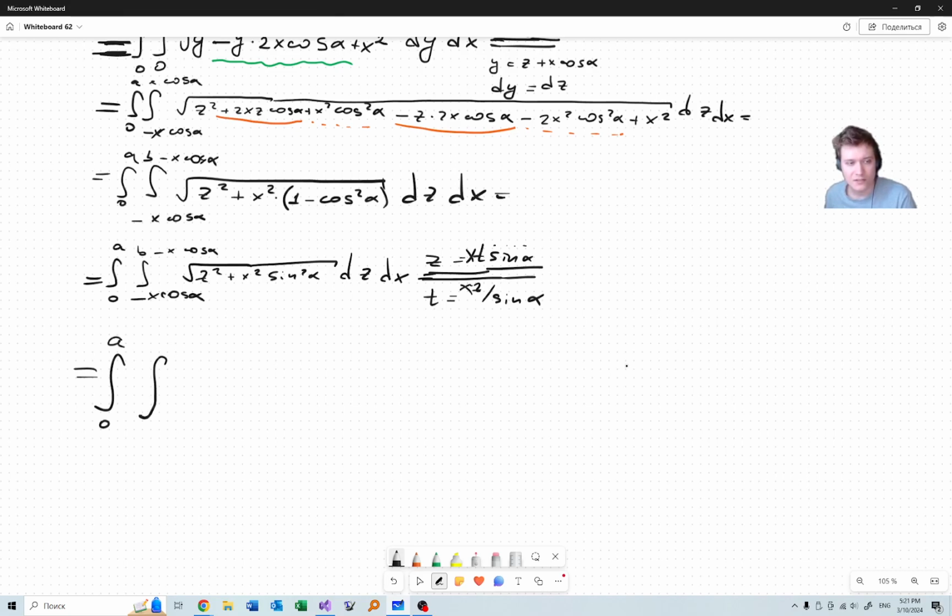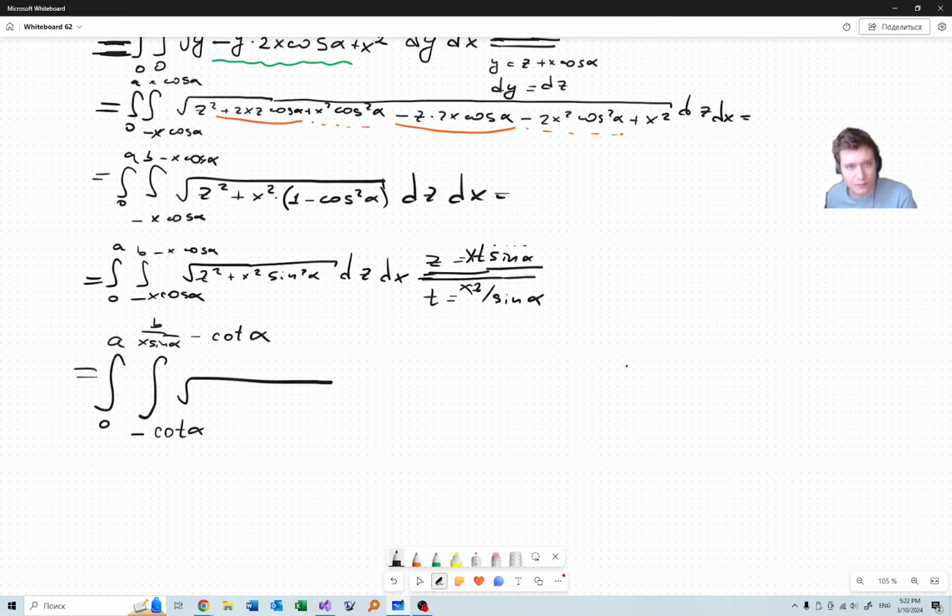So now it's an integral from... so I need to divide by x sine alpha, so it's now minus cotangent alpha, and here b over x sine alpha minus cotangent alpha.